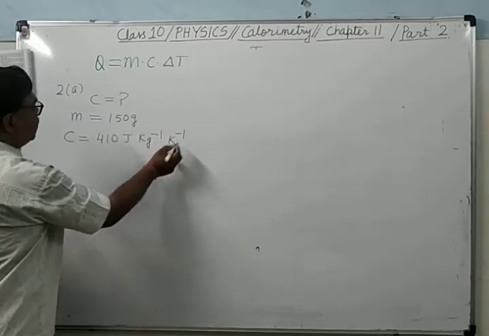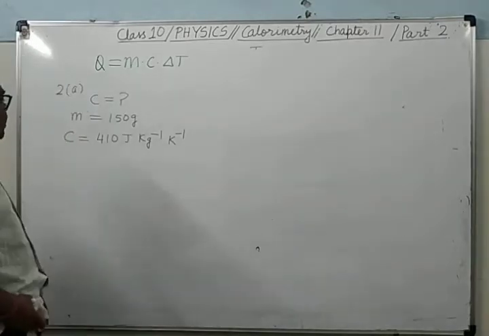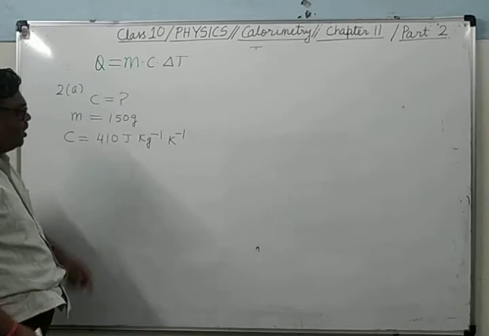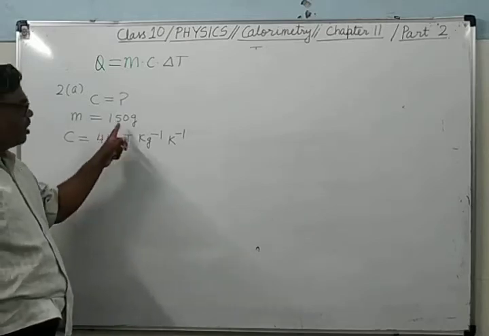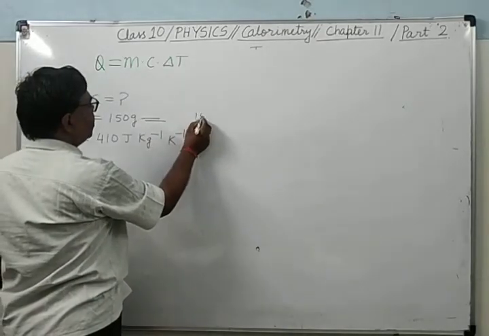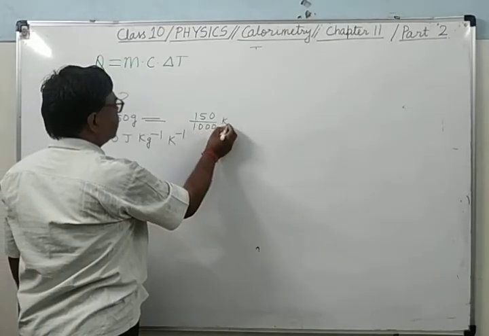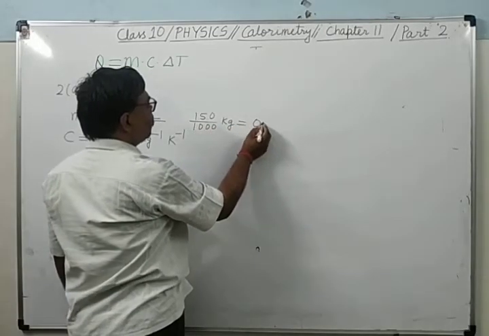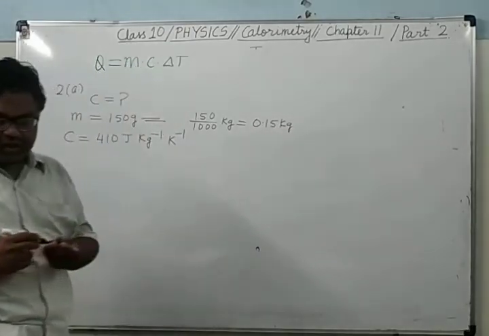Now all of you see here, you will find that here mass is in gram and here it is in kg. So you will convert it in kg. It will be 150 upon 1000 kg. So that will be 0.15 kg. Unit should be same.